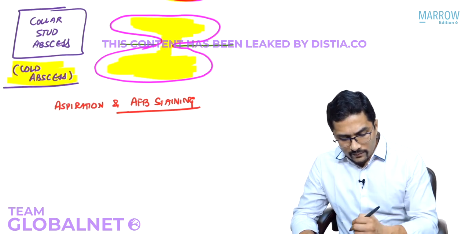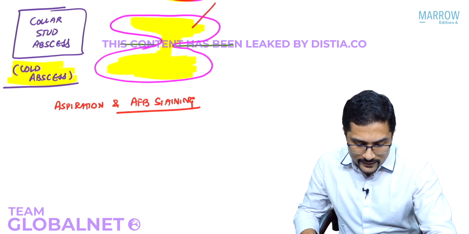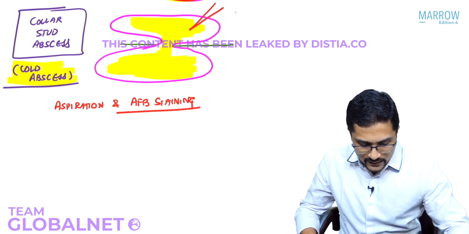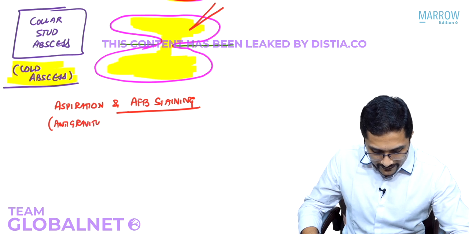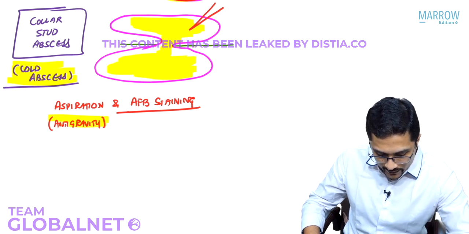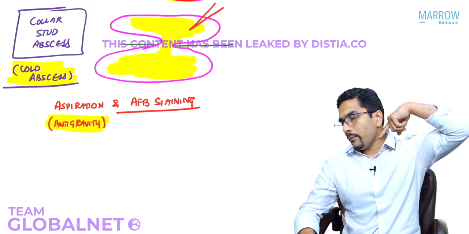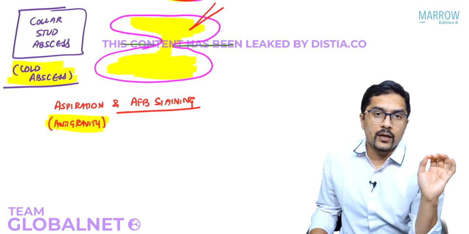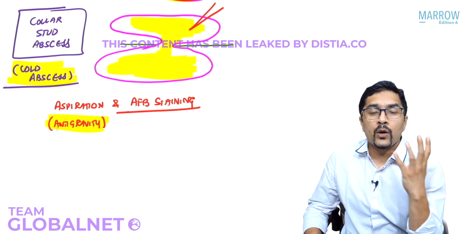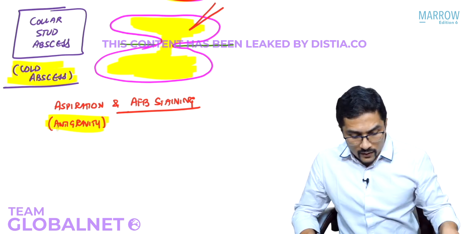What you need to remember is that always anti-gravity, or non-dependent, aspiration from above should be done for tubercular cervical lymph nodes. Why?